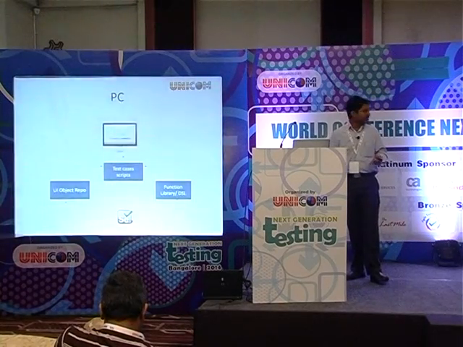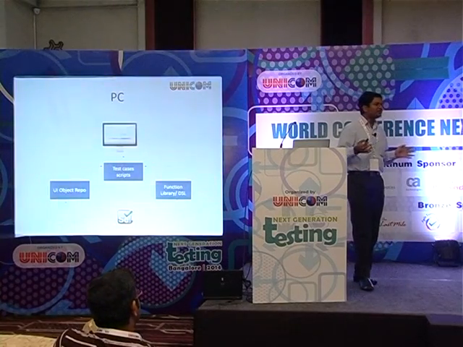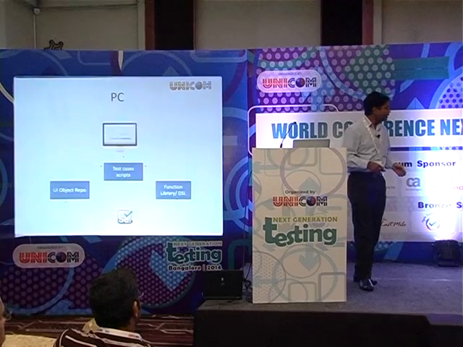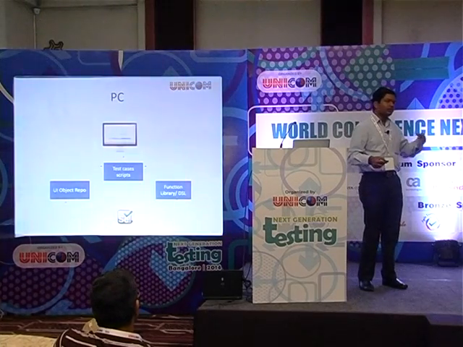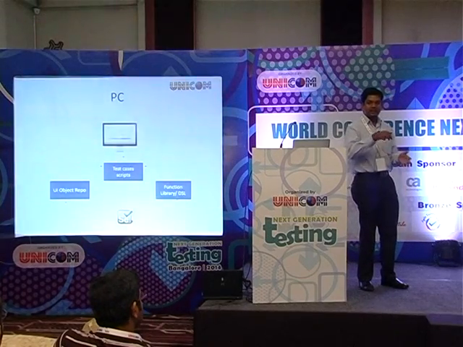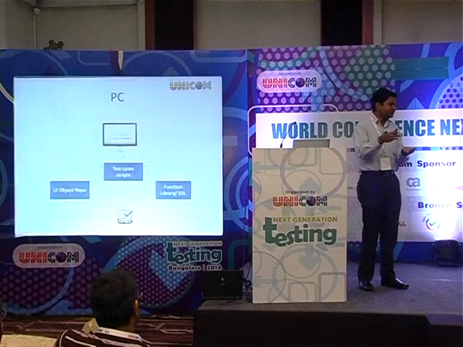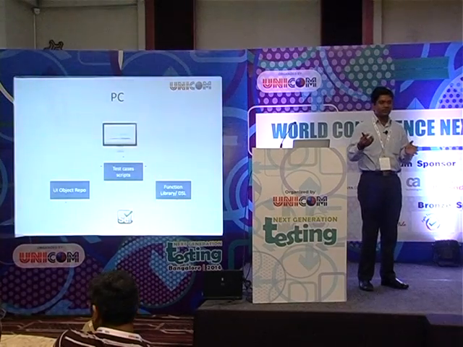So taking the PC into consideration, our normal automation scenario, how it has happened till now, we use some automation tool like Selenium, or it could be anything else. And then we have the DSL, domain specific library, which we build, which would be the function library. Selenium already provides a host of libraries for us.